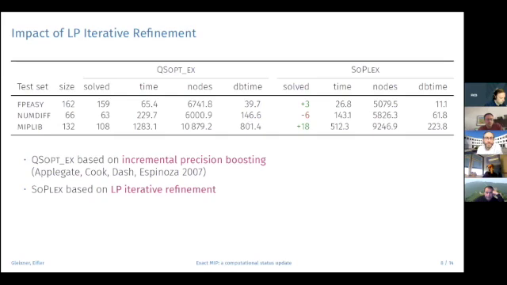And so it's not surprising that on some numerically difficult instances, Soplex might have troubles. And this is exactly what we can see in this experiment. So that's why this is interesting. And that also shows that actually a combination of these two exact LP solvers might be very beneficial. So an iterative refinement strategy, but that can also boost the precision of the floating point solve when it's necessary. So this is an interesting outcome of this experiment.